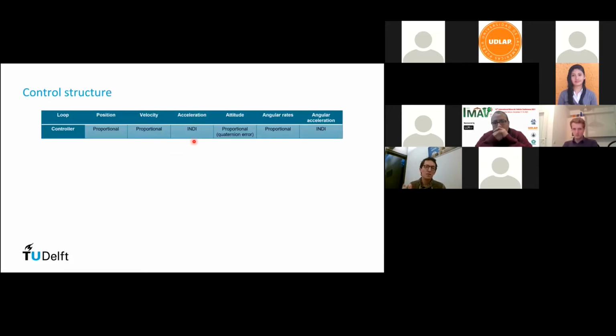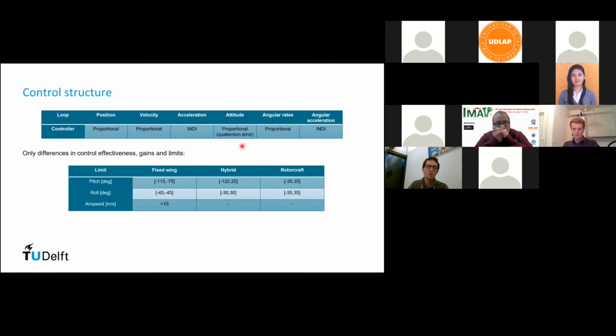All right, to summarize the control structure, we have two INDI controllers, one for angular acceleration and one for linear acceleration. And because that's basically a feedback linearization algorithm, the loops around these INDI controllers can be proportional linear controllers. So the differences between the platforms are in terms of the control effectiveness.